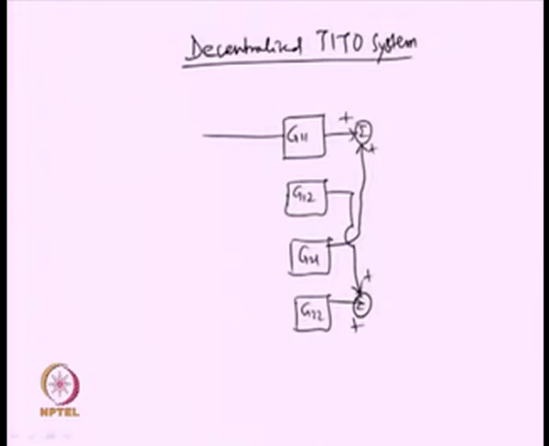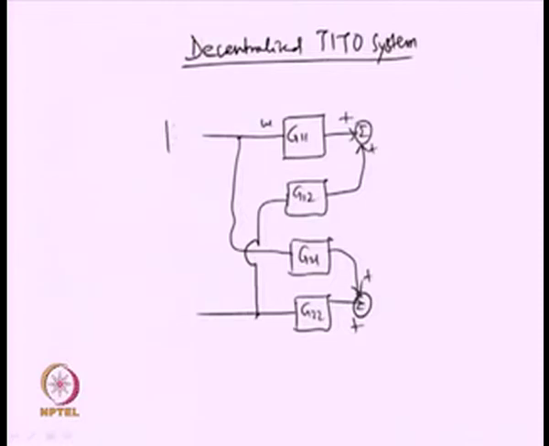And the input U1 is passed on to, so that way I will have this in the second loop and this will go to the first loop. Okay. So, this is the TITO system now.